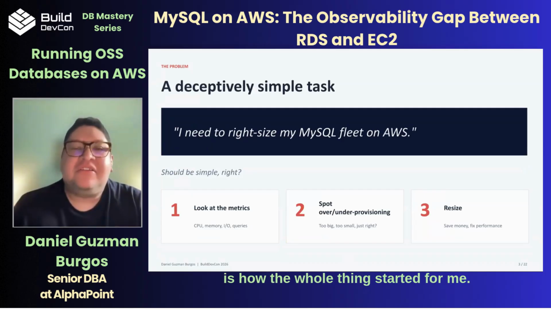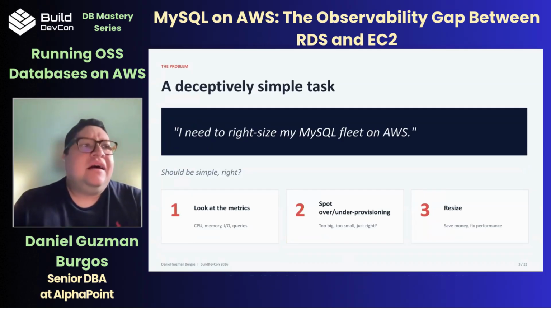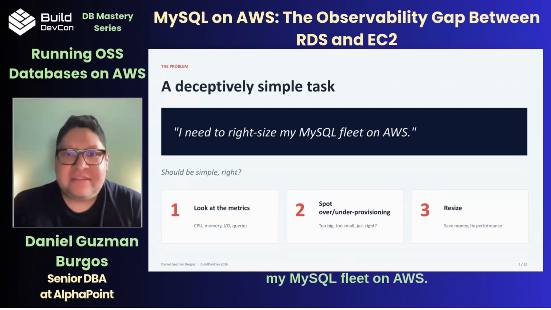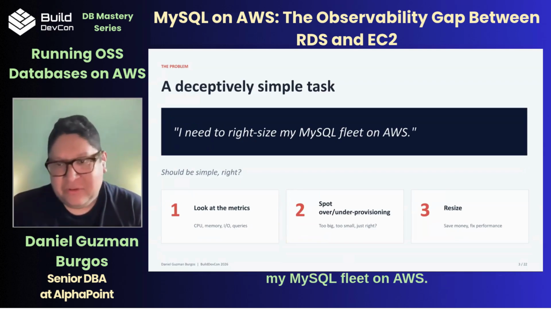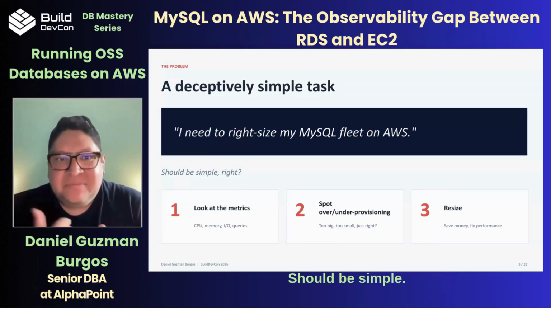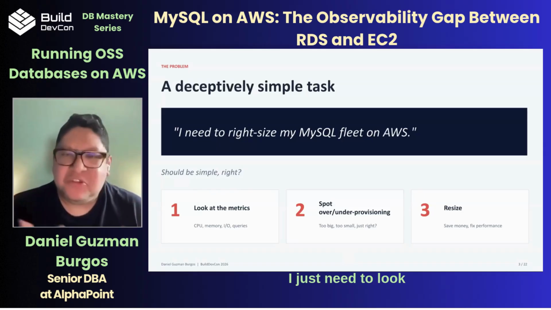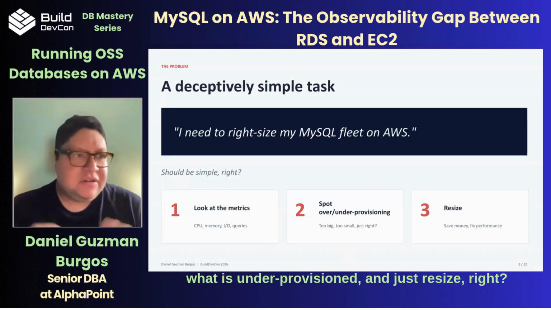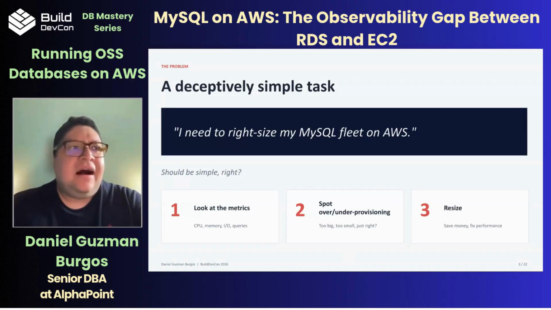This is how the whole thing started for me. One day I said, okay, I need to right-size my MySQL fleet on AWS. Should be simple. I just need to look at some metrics, see what's over-provisioned and what's under-provisioned, and just resize, right?